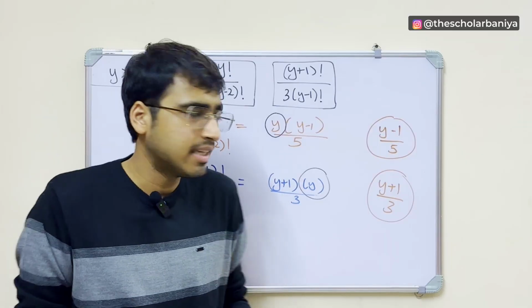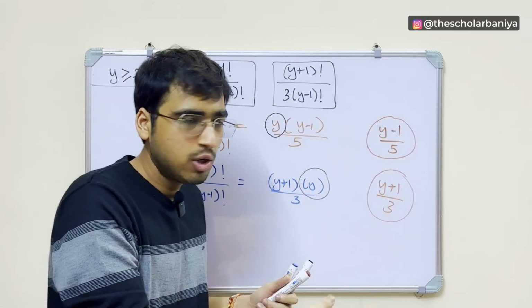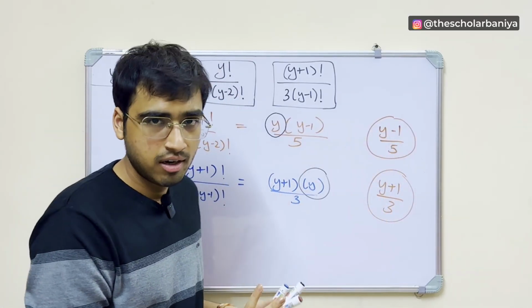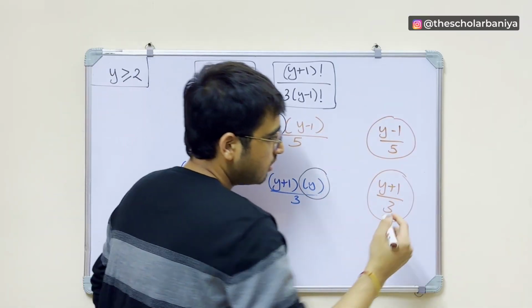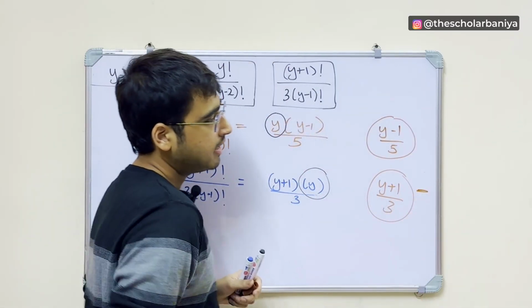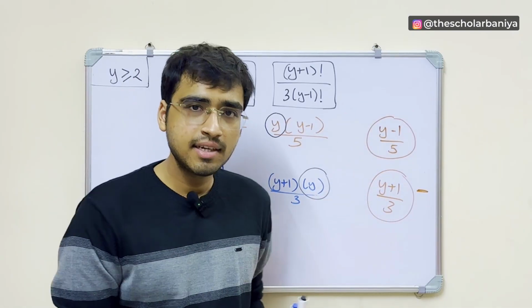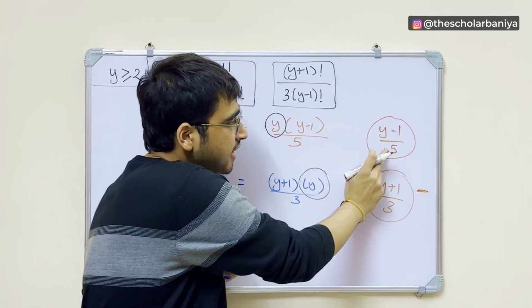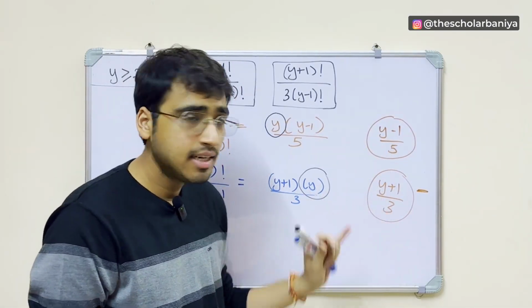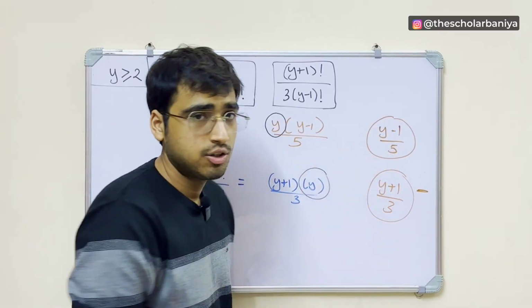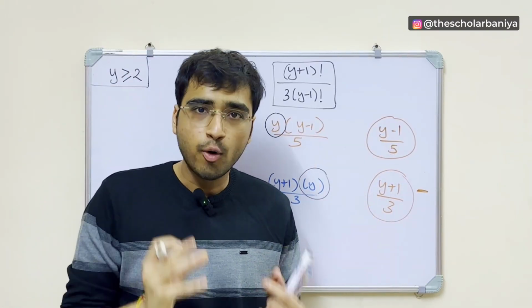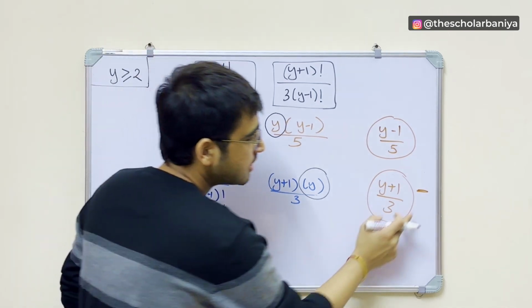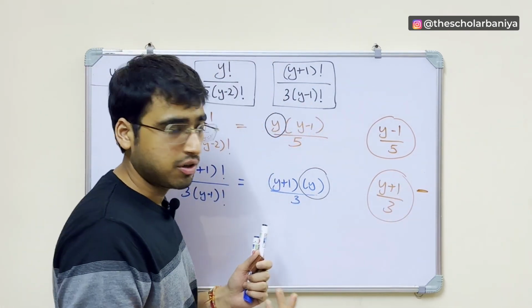I mean, very obvious, because you are adding 1 to the y and you are subtracting 1. So obviously this part is greater, right? Now tell me one thing, if you look at the denominator, obviously the denominator is 5 in this and it is 3 in this, so this is larger. If the denominator is larger, overall the value will be smaller, right? And in this case, overall the value will be larger.